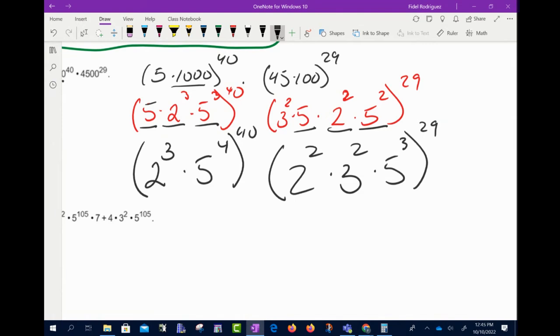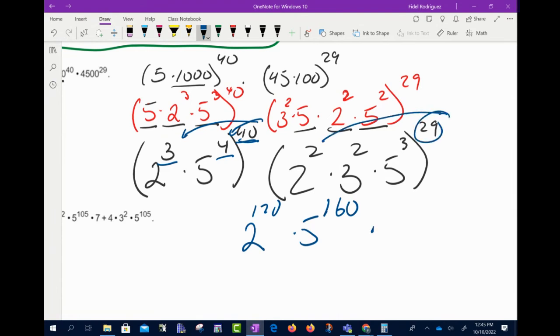Guys, remember the next step. The next step says we're going to multiply the powers. So that's going to go there and that's going to go there. Okay. Anybody know what's 3 times 40? 120. Very good. Okay. What about 4 times 40? 160. Okay. Times, let's see.